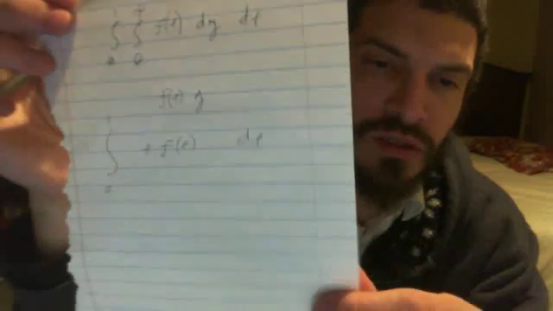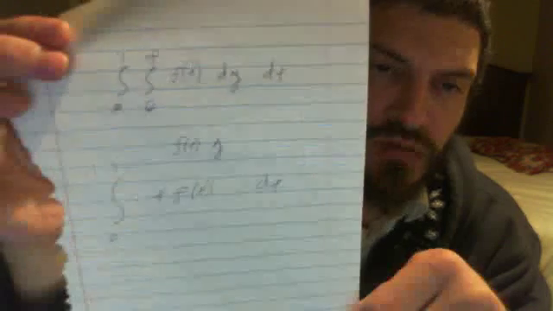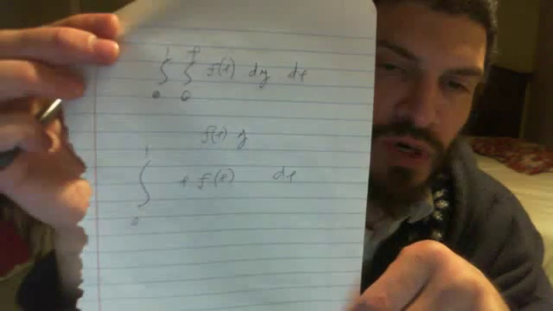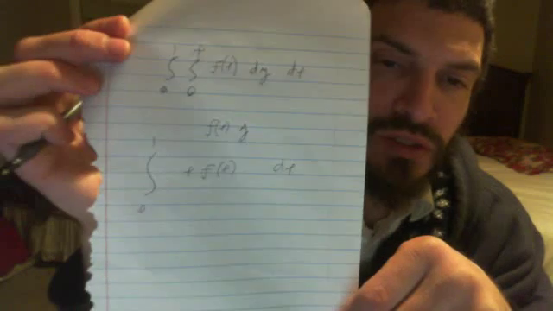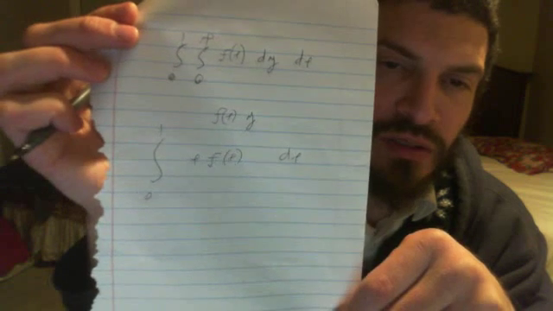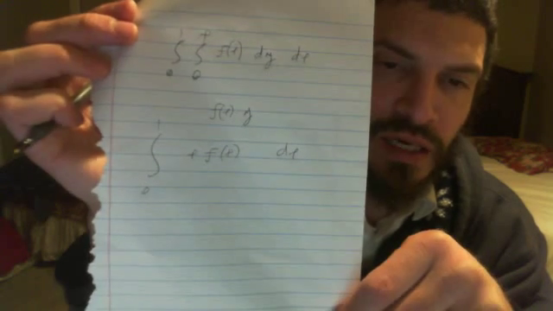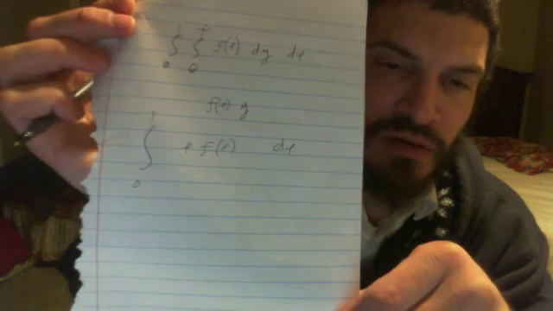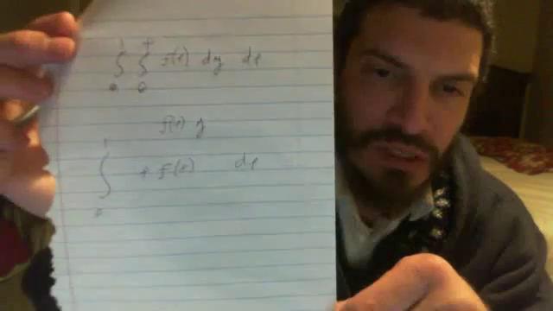Then you do this from x to 0, so it is f(x) times x minus f(x) times 0, so it's x times f(x). Then you do that from 1 to 0 with dx.